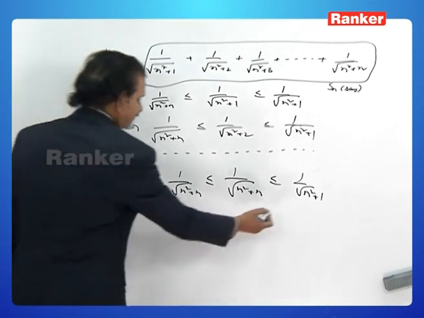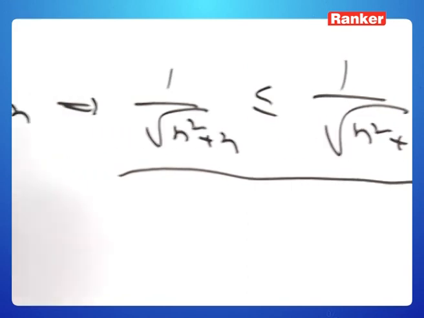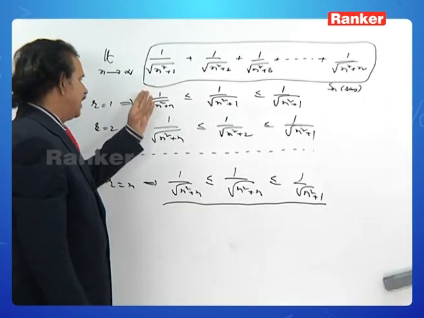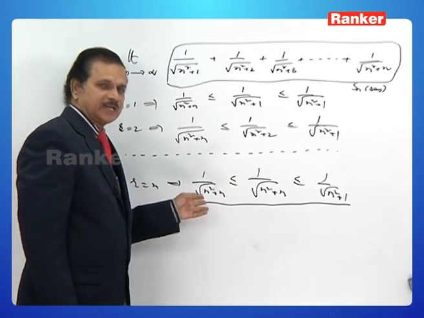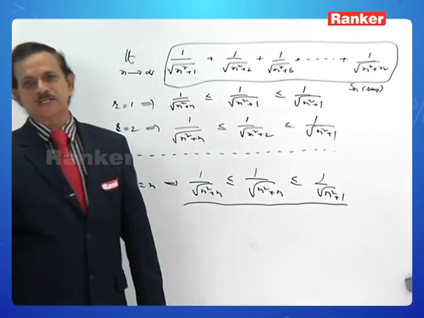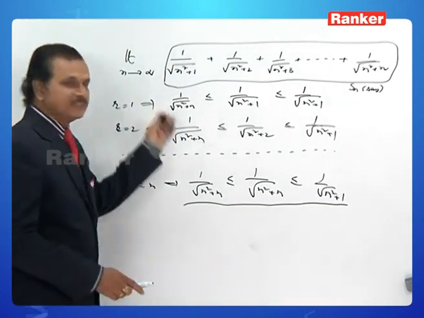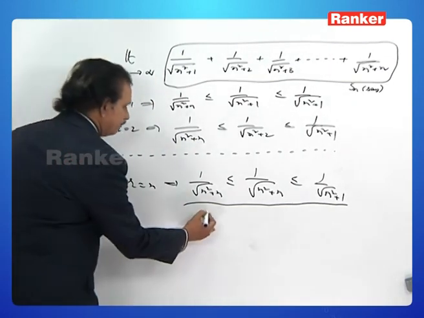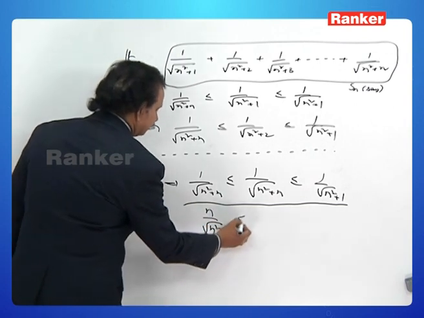Now, my dear friend, you please add all these things. What is going to happen? 1 by root n square plus n, 1 by root n square plus n, and so on, like that. How many times are you adding? n times. So the sum of all these is n by root of n square plus n.